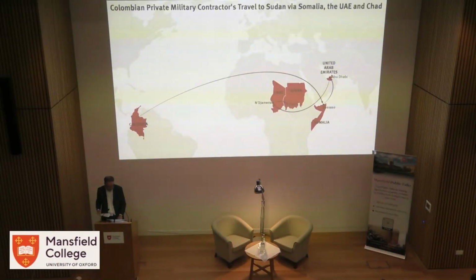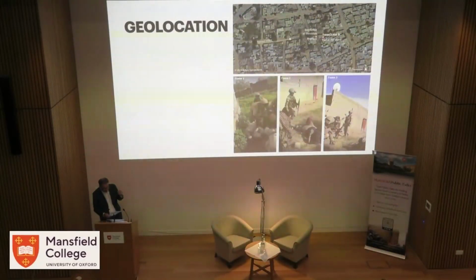We verified and geolocated multiple videos and photographs showing Spanish-speaking fighters operating alongside RSF units in active combat zones, confirming their presence, as you can see here, during key moments of violence, including in the takeover of El Fasher, a period when abuses reached extreme levels.